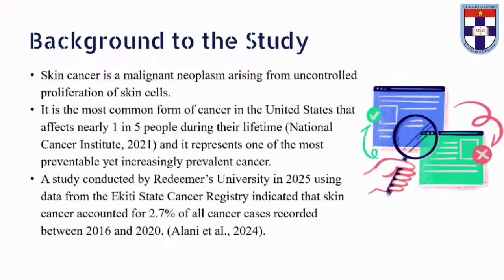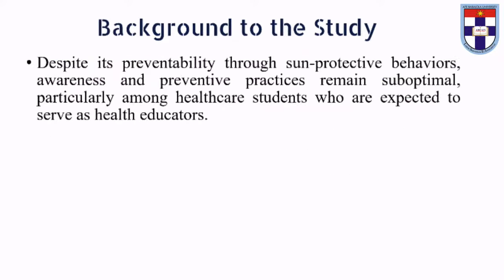So I decided to carry out this research on nursing students, particularly clinical nursing students, because they serve as the people that would educate other people on these risk factors and how to prevent it. And we can all agree that there's no way we can teach what we do not know.